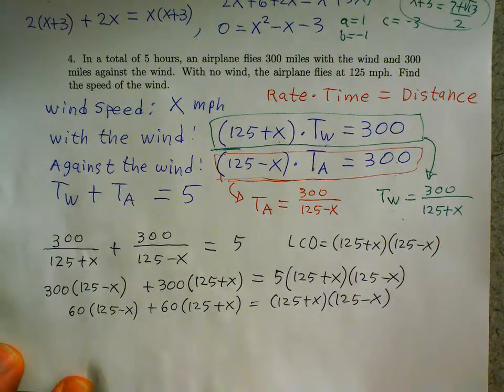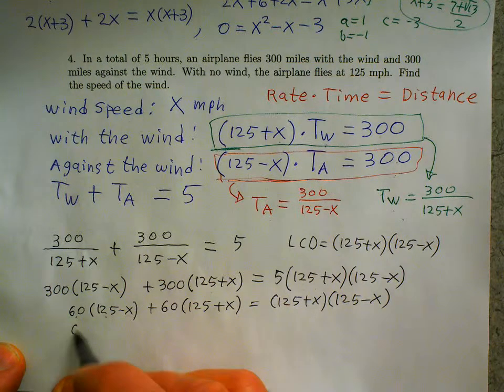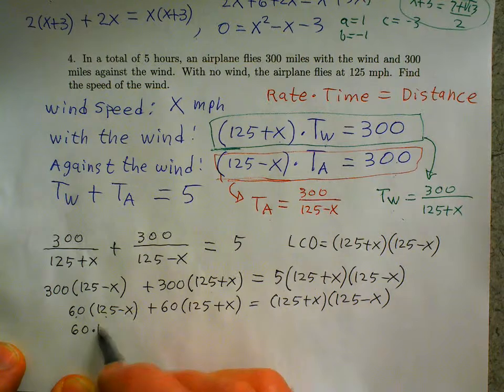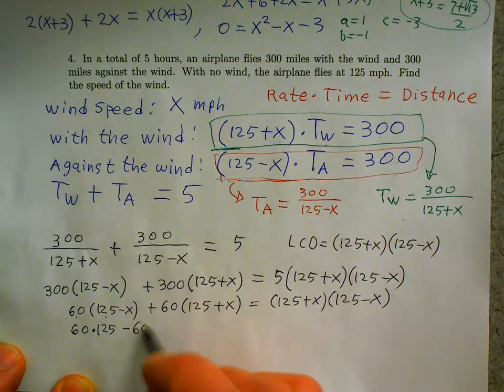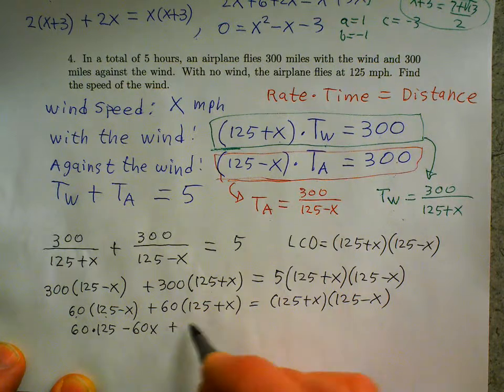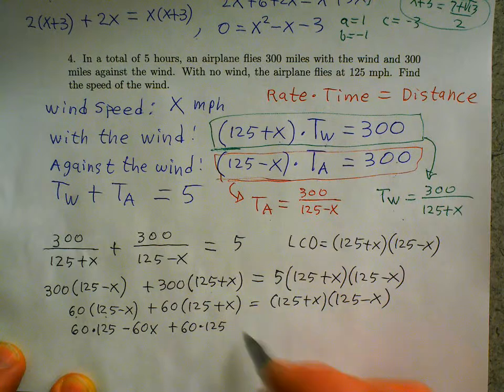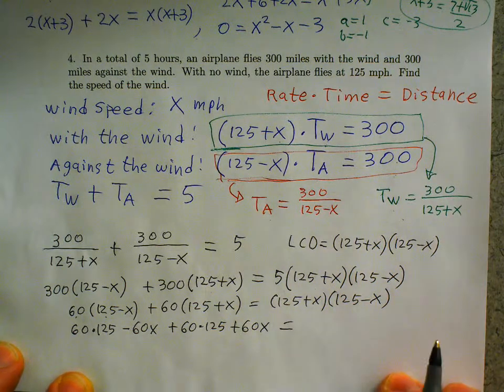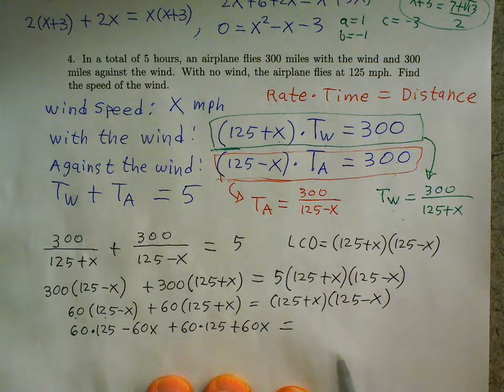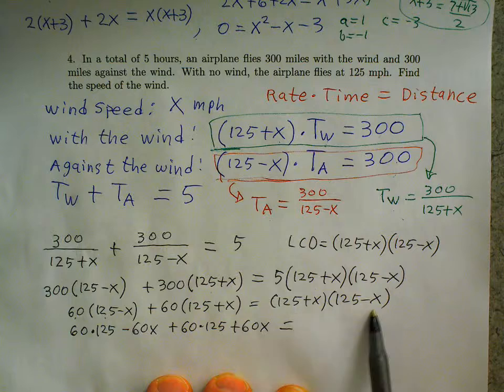Okay, then what we can do, write 60 times 125 minus x, but leave the 60 times 125 as a product, and then minus 60x, and then plus 60 times 125 plus 60x. On the right-hand side, we're multiplying a binomial and the conjugate of the binomial.